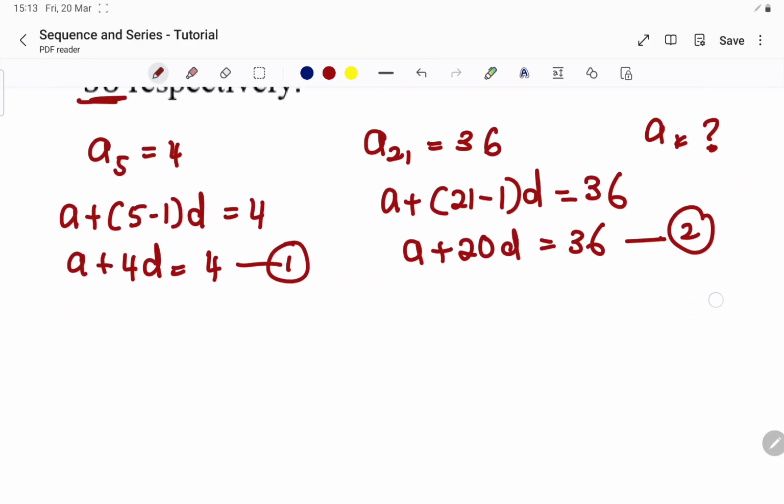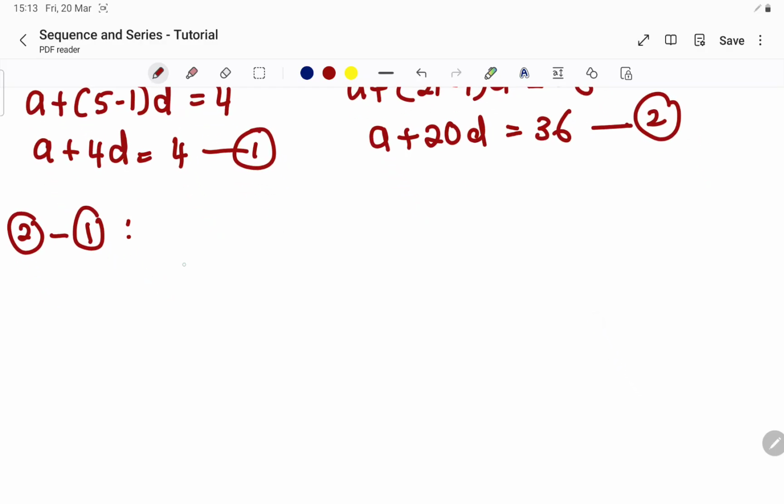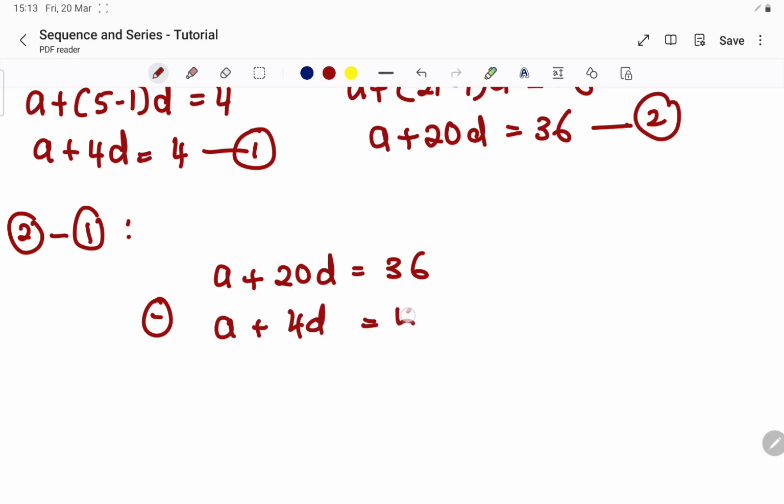So you have first equation, second equation here, right? Use simultaneous equations, where I will do equation 2 minus equation 1. Okay, now we have A plus 20D equal to 36 minus A plus 4D equal to 4. You minus this guy.